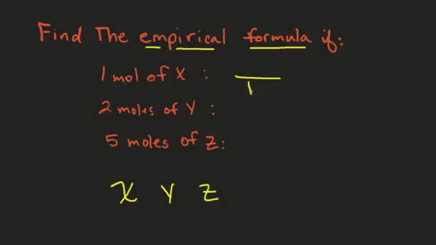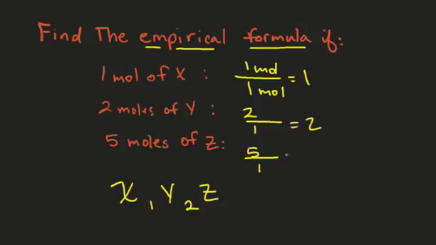In this case, 1 mole is the smallest, and it goes into 1. So for the X, that means the subscript is going to be 1. And then 2 divided by the smallest is going to be 2 for the Y. And then 5 divided by the smallest would give you 5 right there.